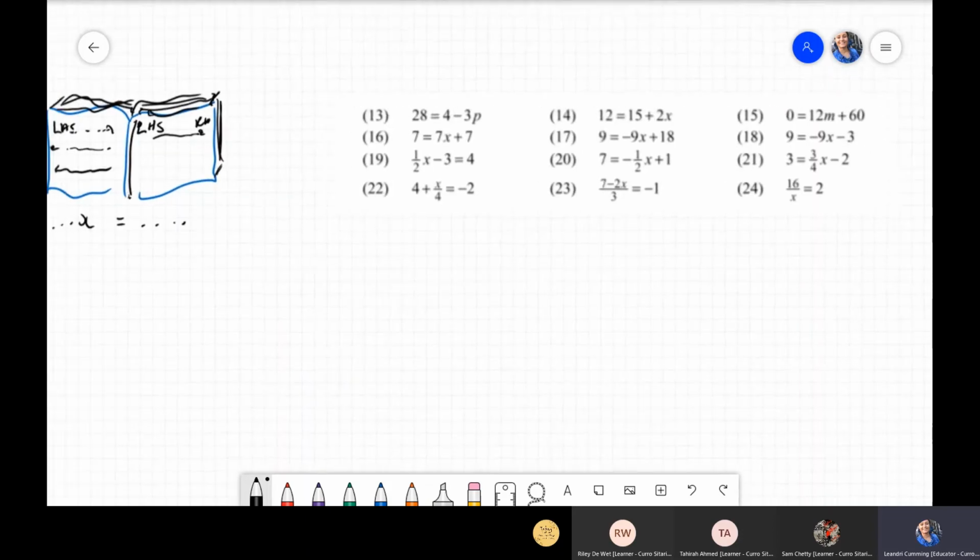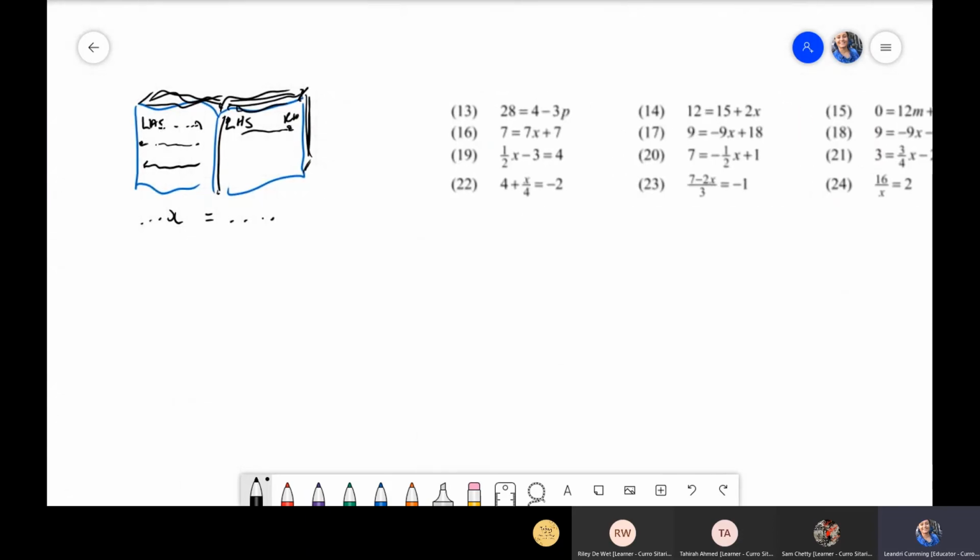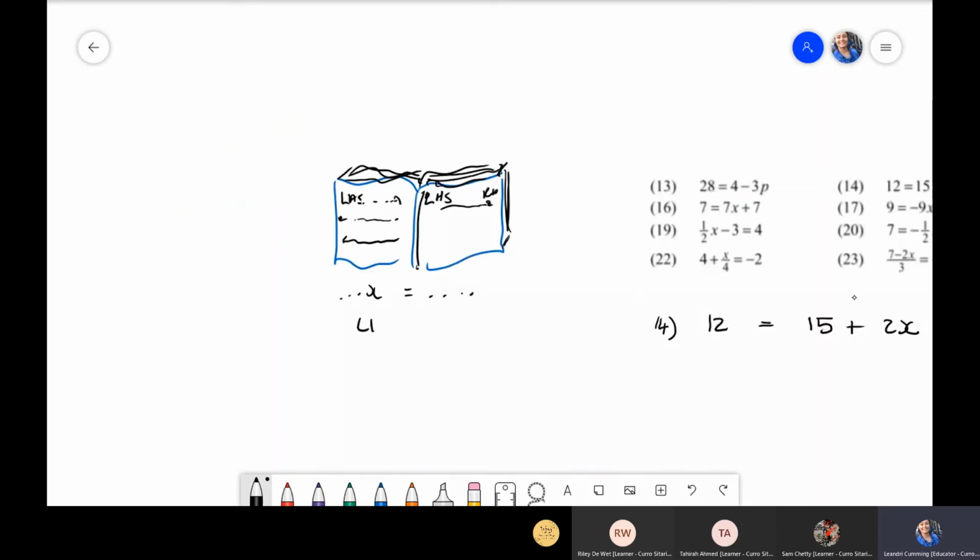But we don't always have x in the left-hand side. So now let's take, for example, number 14. 12 is equal to 15 plus 2x. Now, what we learn is that this equation that we have established here in maths allows us to read it this way as well as this way, okay?